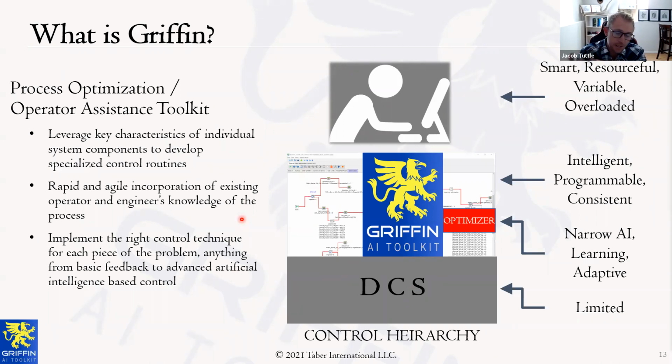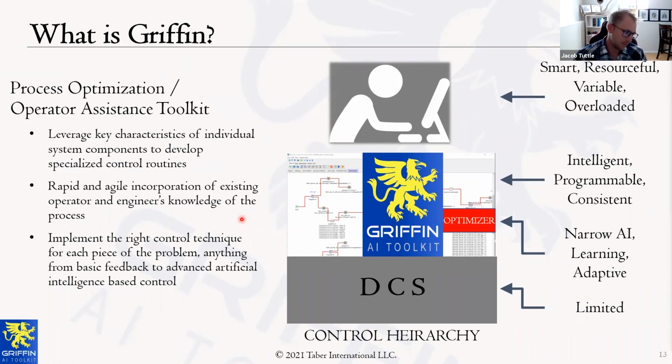The Griffin AI Toolkit originated about 2013 by recognizing that there was a gap between these two levels of control, DCS, supervisory control, and the operators themselves. Our founders, Brad Radel and Siva Alagasarmi, who are on this call, recognized that there were so many things that both sides of this bridge said, well, if the other side could just do this, it would make our lives easier.